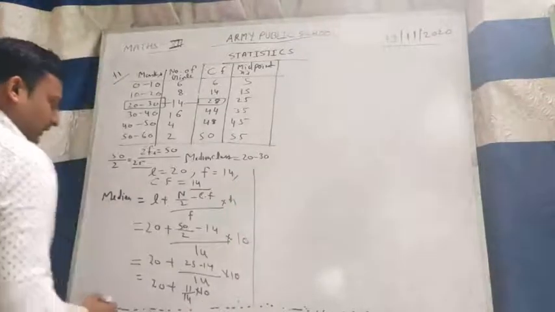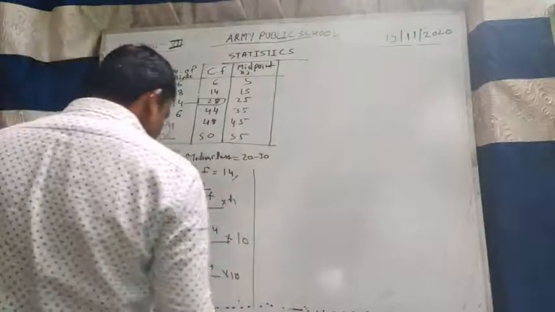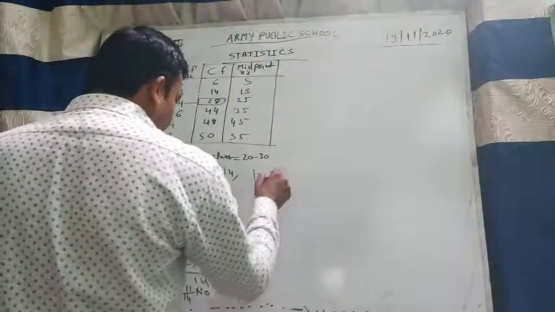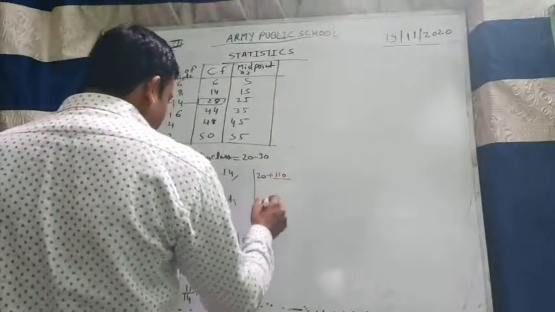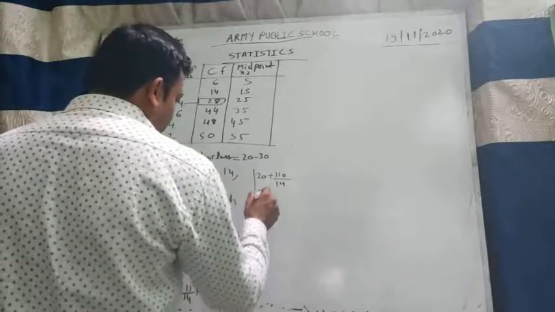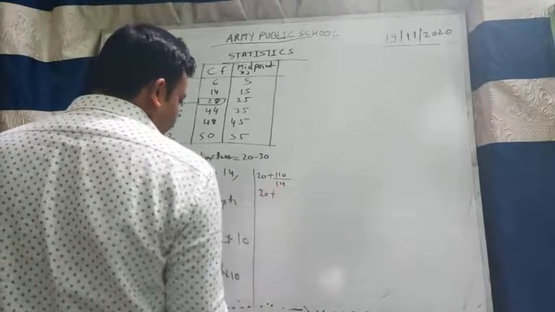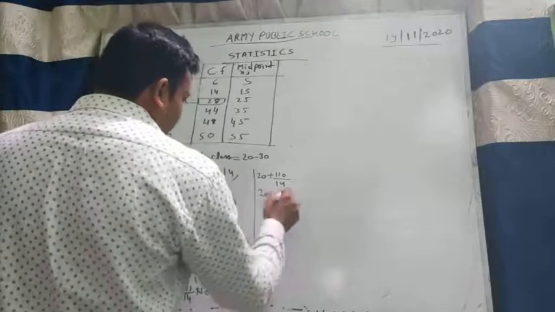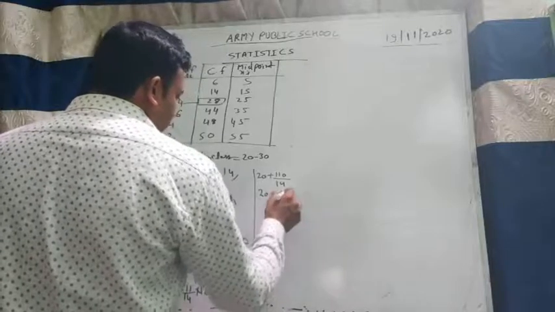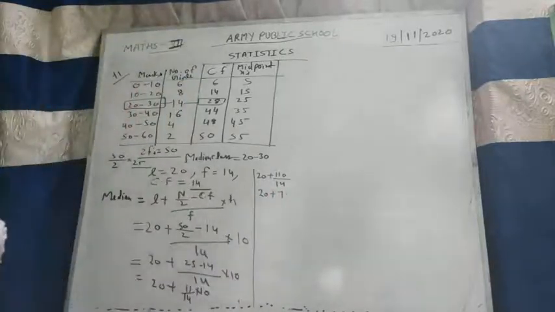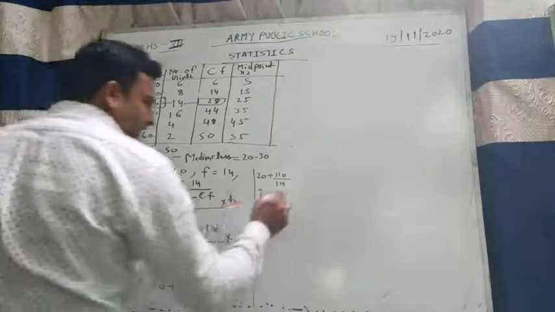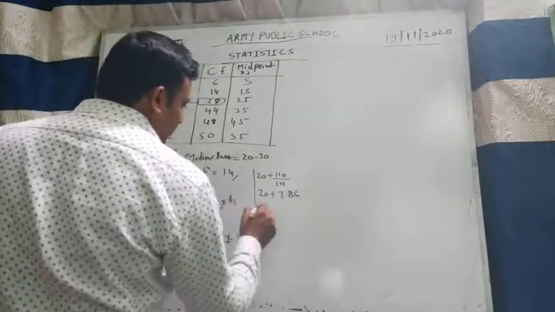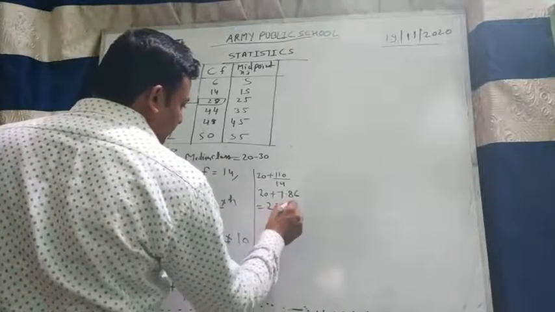Now what are we getting here? We are getting 110 by 14. So 20 plus 7.86. So median will be what? 27.86.